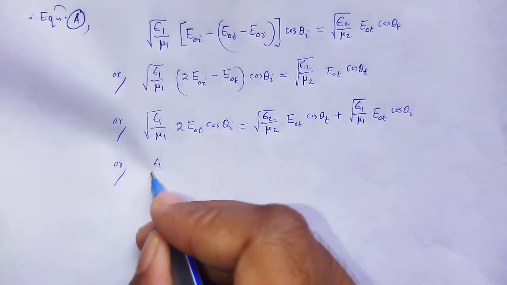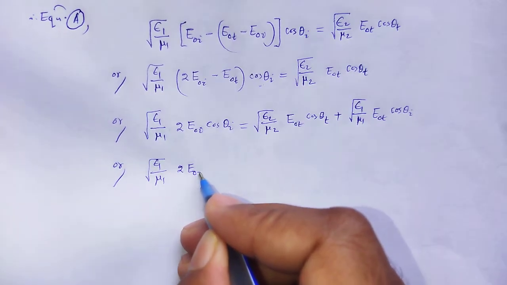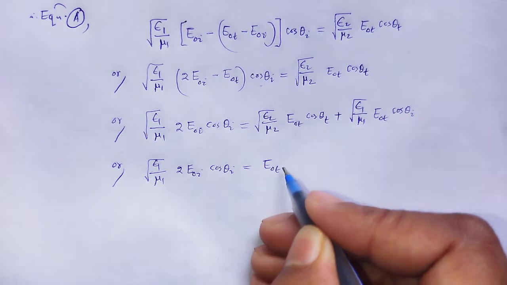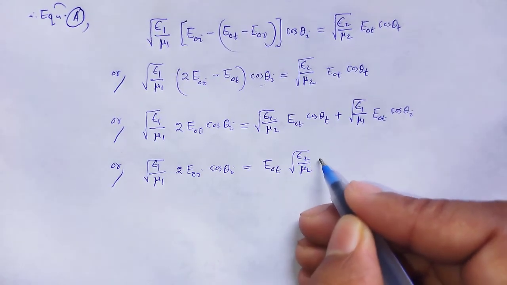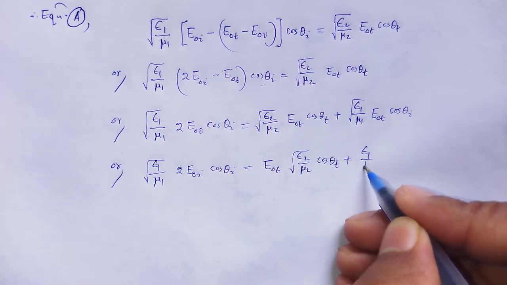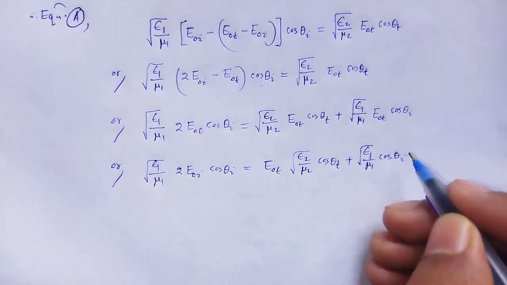Therefore, 2 square root of epsilon 1 mu 1 E0I cos theta I is equal to E0T as common, square root of epsilon 2 mu 2 cos theta t plus square root of epsilon 1 mu 1 cos theta I.